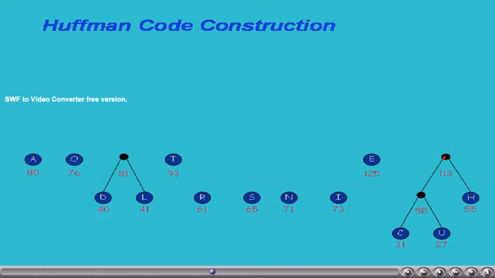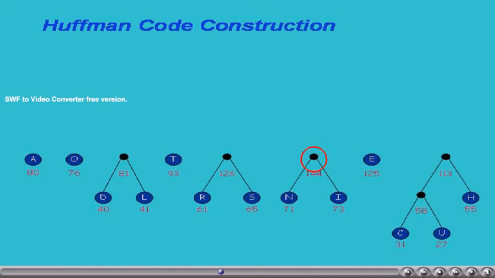Now the next two smallest, that is 58 and 55, are joined to form a new internal node in the binary tree with the frequency 113. Now again the two nodes with smallest frequencies, 61 and 65, are added. The resulting node frequency will be 126.